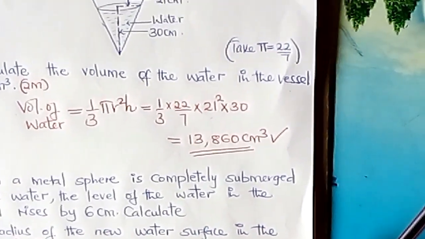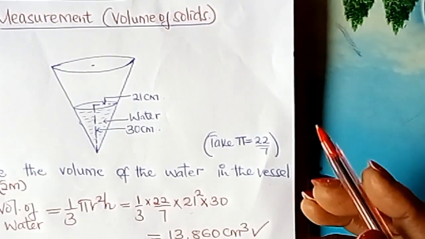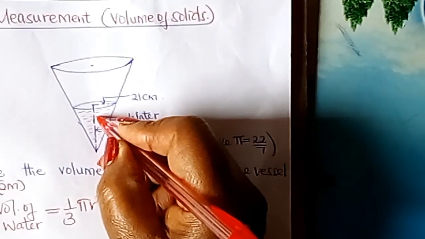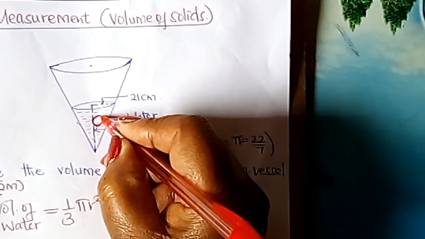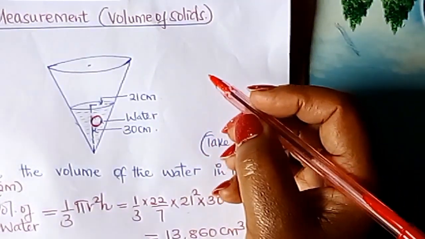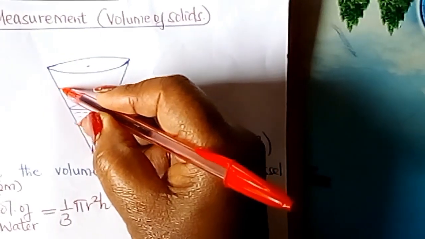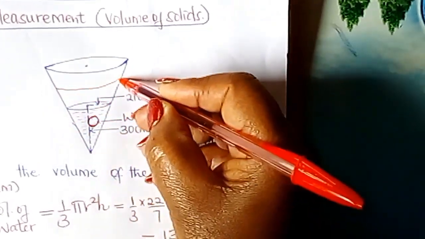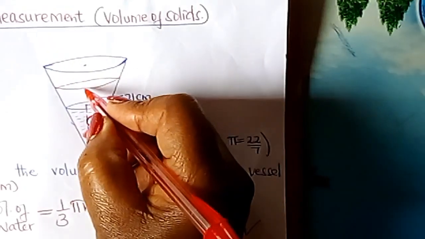Lana, we are told that a sphere is completely submerged in the water. So let us assume that our sphere is this one. That is our sphere. And we are told that once it is submerged, the level of the water rises by 6. Maybe we can draw something like that.